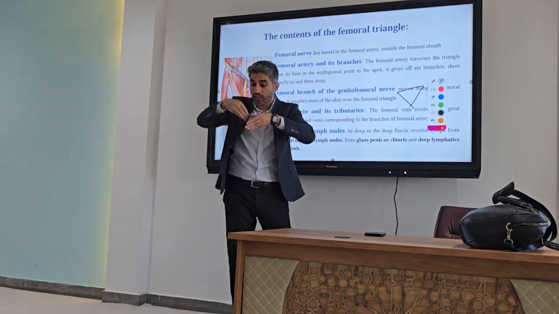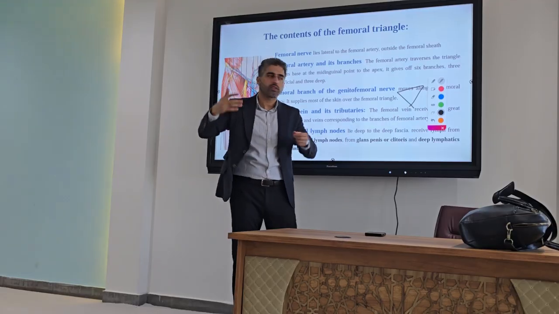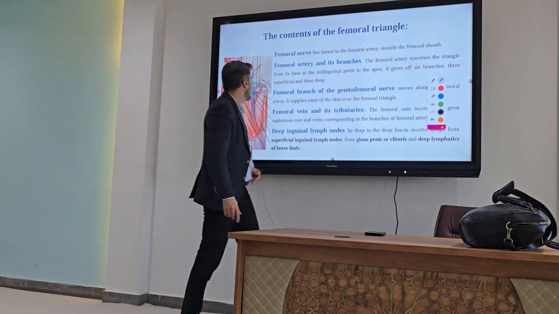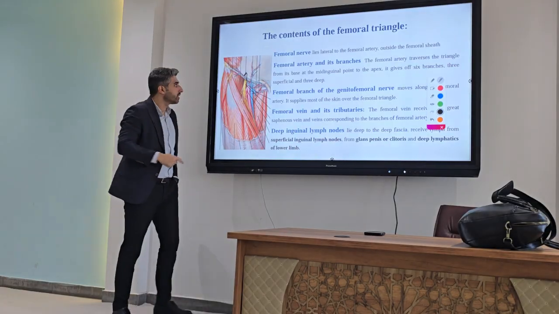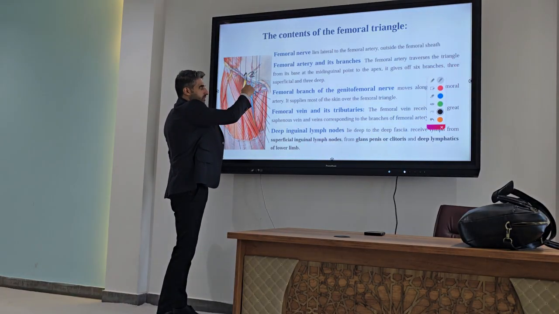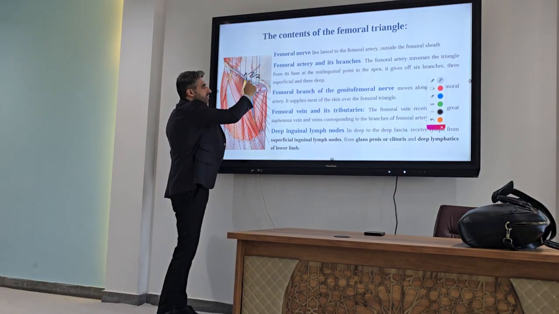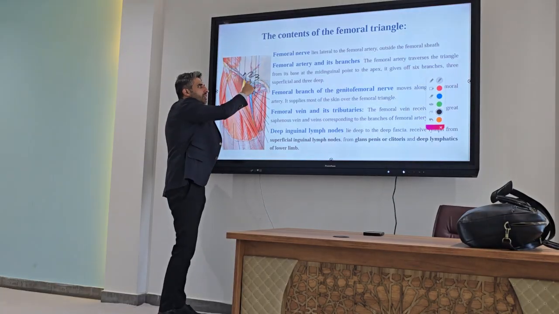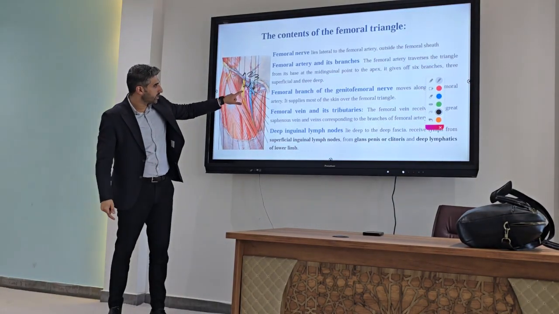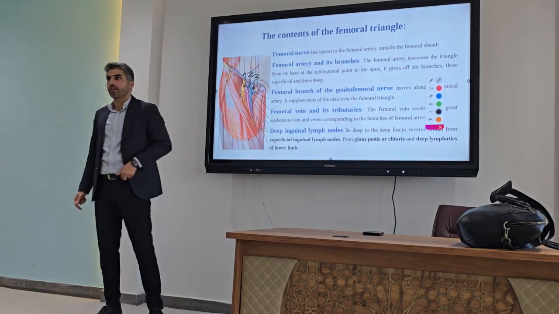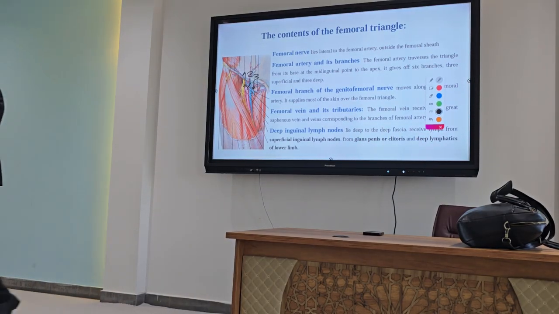But what we have inside is other structures. Look at the picture. This one is number 1, nerve. This one is number 2, artery. And this one is number 3, vein. So from lateral to medial, you can see 3 structures inside of the femoral triangle.